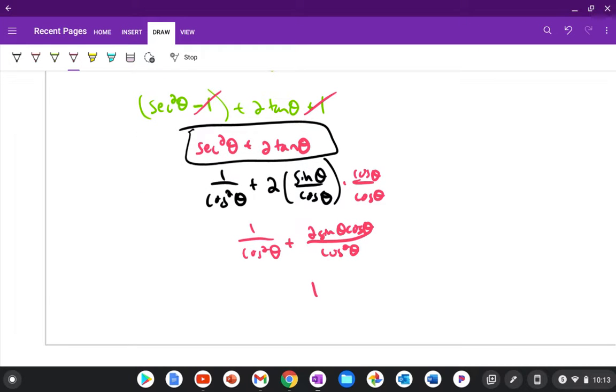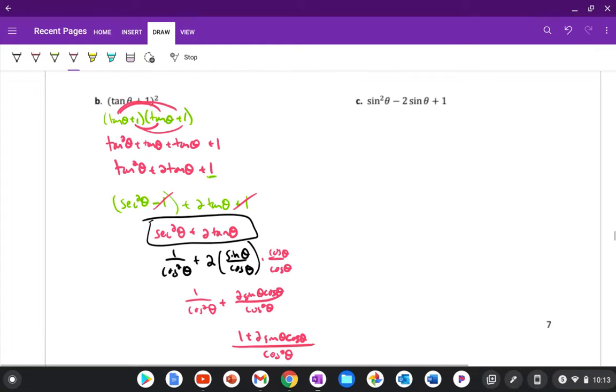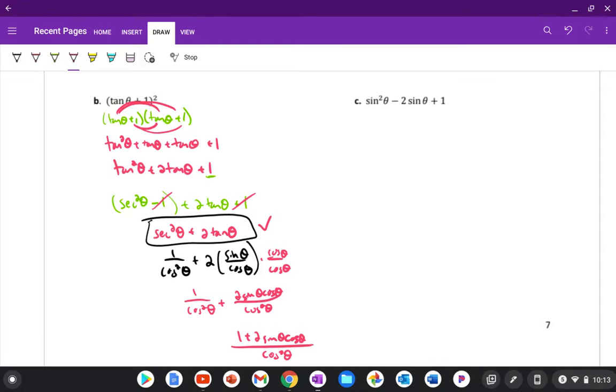And then we add those numerators, 1 plus 2 sine theta cosine theta over cosine squared theta. Might actually have just made it more complicated. Yeah, I probably just ended up making it more complicated. So let's just leave it as this one. I think that's probably the best you can do. Maybe you could try that on your own and get it more simplified.